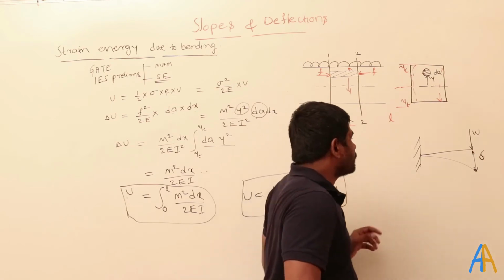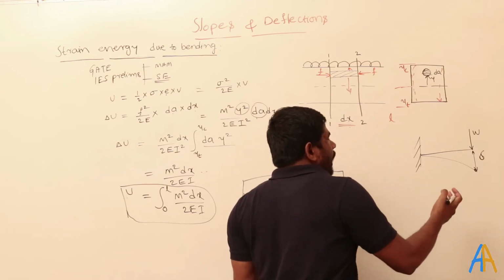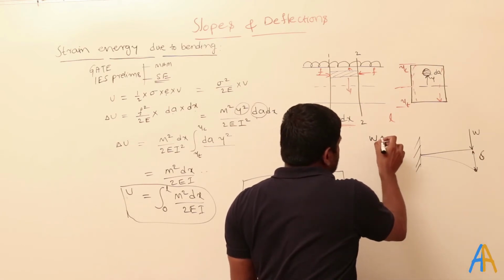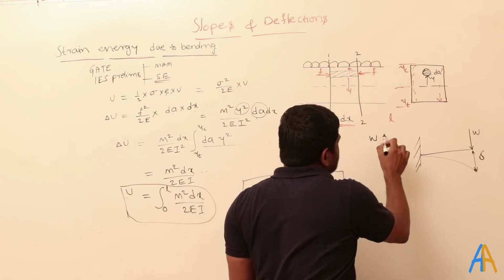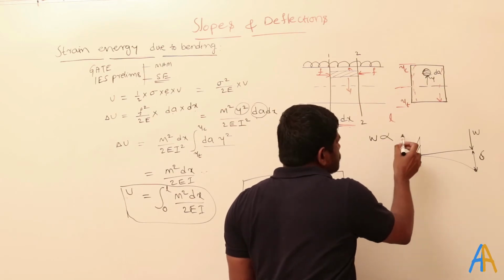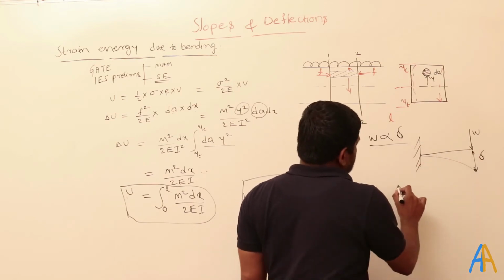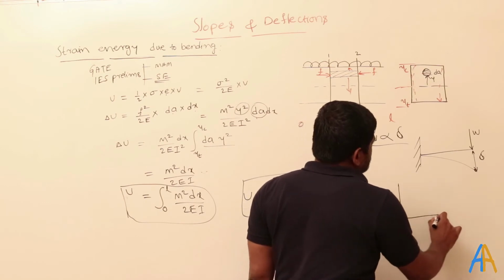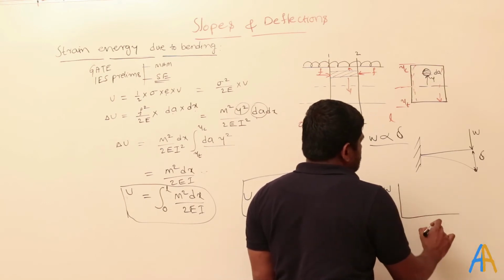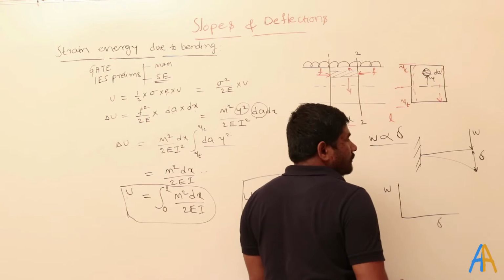If you observe, the amount of force applied is proportional to the amount of displacement that happened here. So if I draw the graph between these two, this is W and this is delta, the deflection.